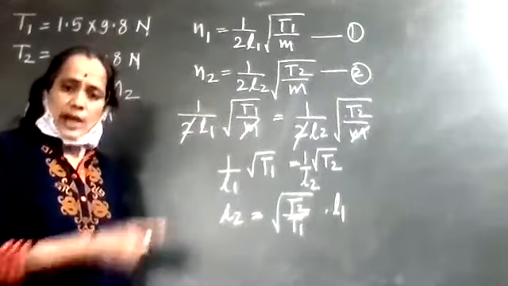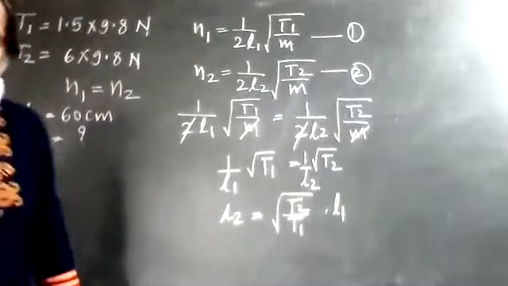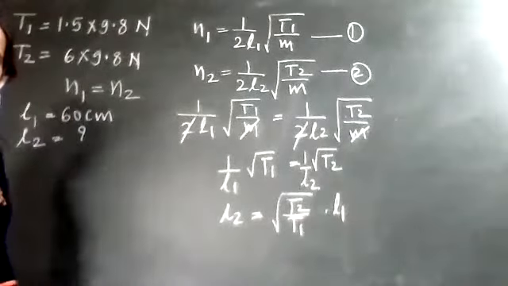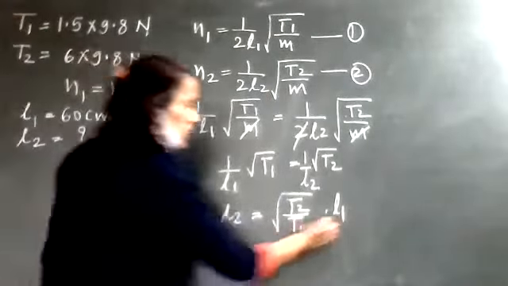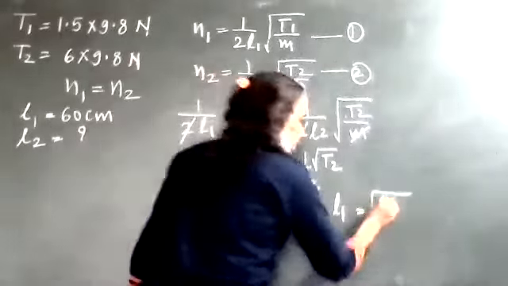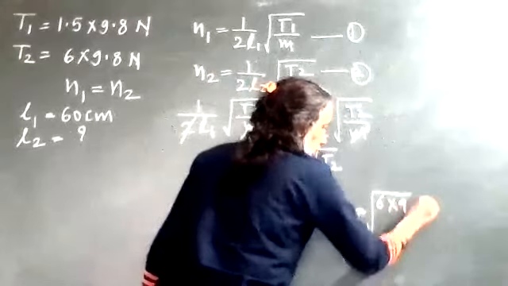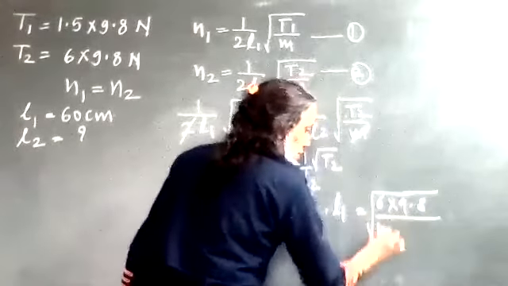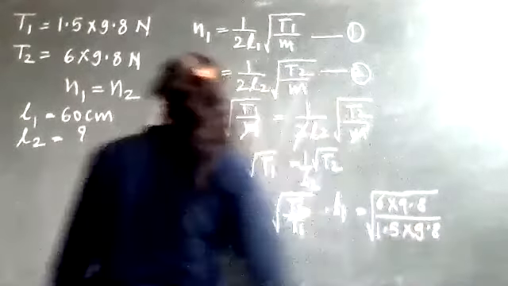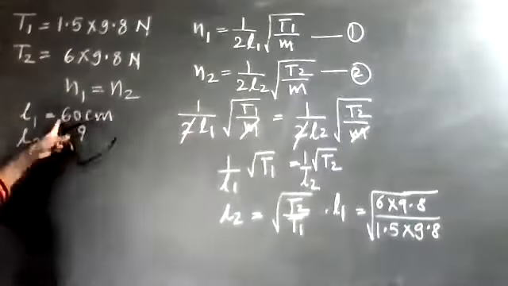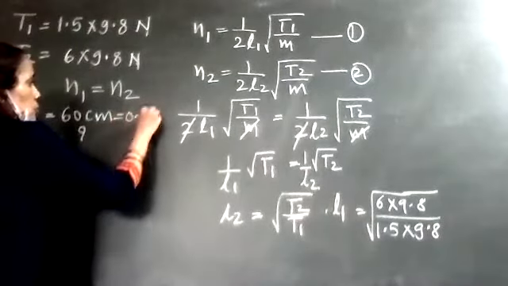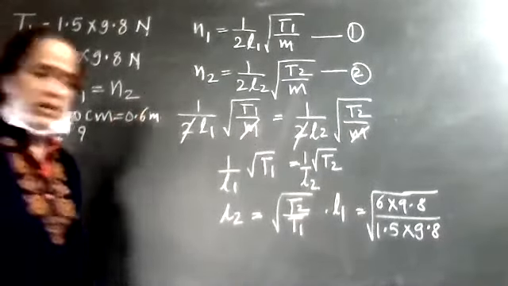We already know T1 and T2, so I can put in the values: under root of T2, which is 6 into 9.8, upon T1, which is 1.5 into 9.8, into L1. L1 is given in centimeters, so I will convert it into meters and write 0.6.